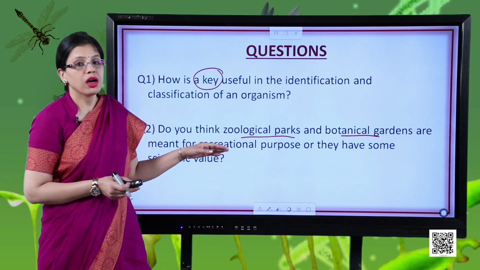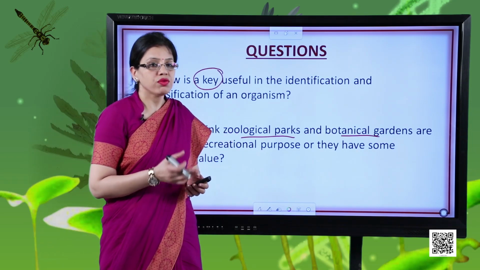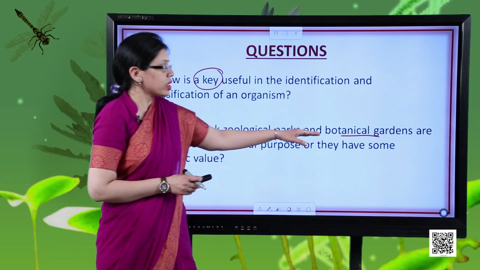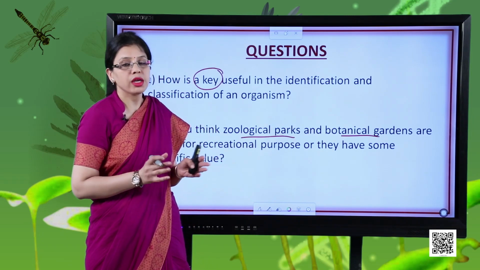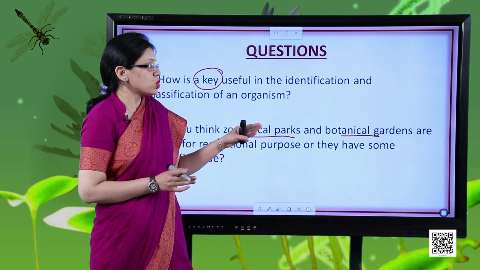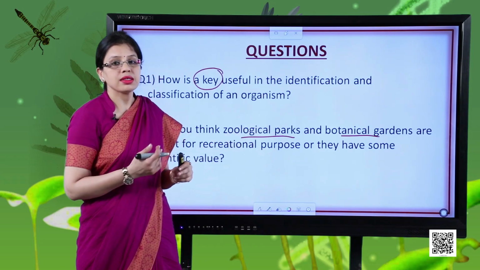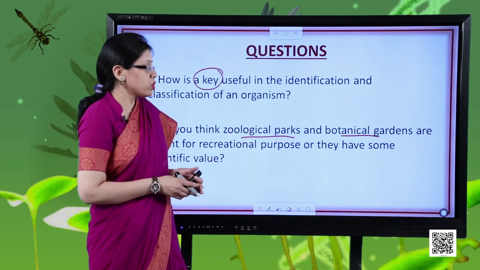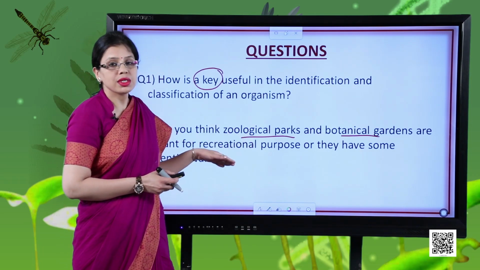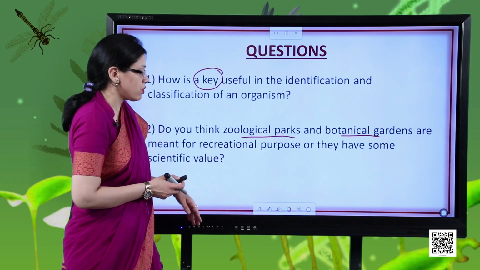And in a zoological park, we also study their food habits and behavior. A botanical garden is a place where a huge collection of different types of living plants is maintained. Students can go there and study different types of plants, and this will help them a lot. So they have a very important role. They are not restricted to the one purpose of recreation.